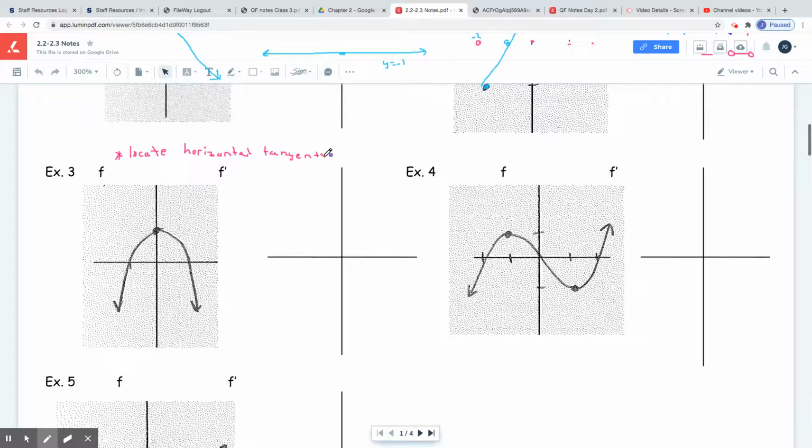Where is there going to be horizontal tangents? Well, horizontal tangents are going to happen at peaks and valleys, meaning at the top of curves or at the bottom of curves. So right here, I have a horizontal tangent at what x value? At 0. So I'm going to put a point at 0.